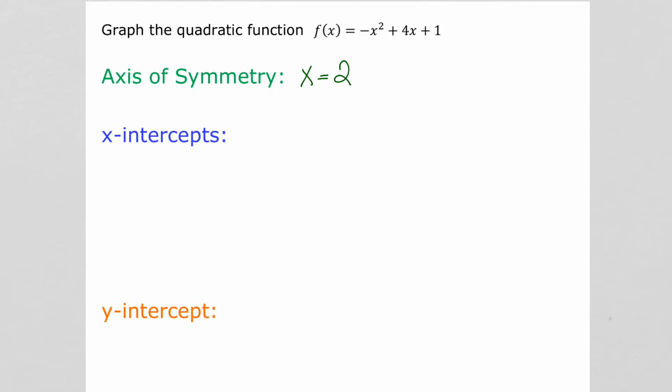Next, find the x-intercepts. To do that, we let y be 0. This particular equation is not going to factor, so we're going to use the quadratic formula. I am going to go through and just divide by -1 to get rid of that negative up front.